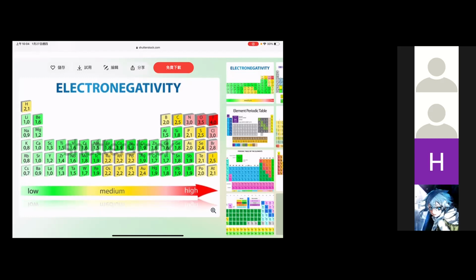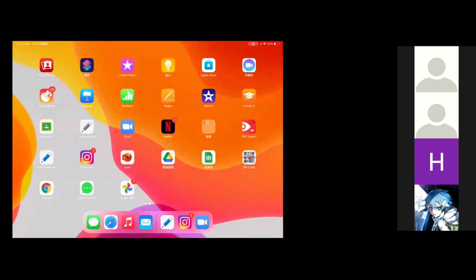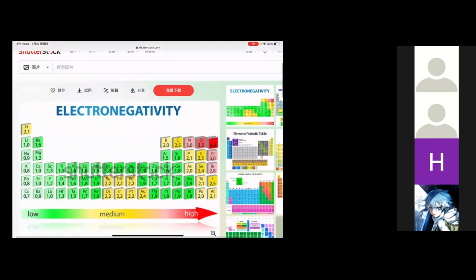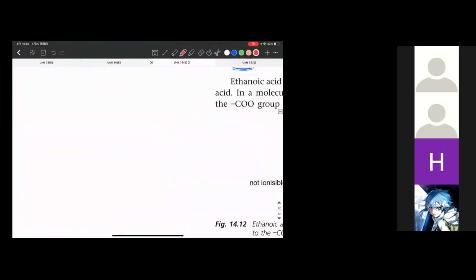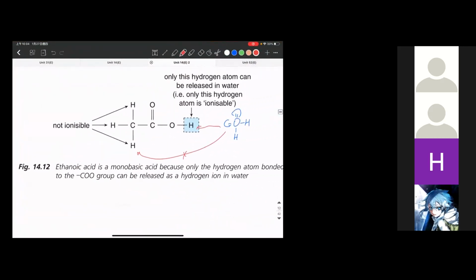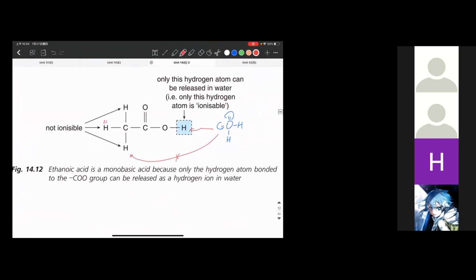So, 2.1 on hydrogen, 2.5 on carbon, and 3.5 on oxygen. So that is the electronegativity.